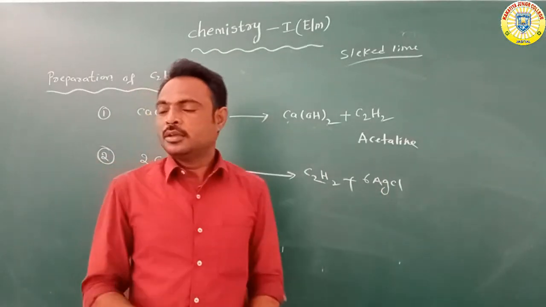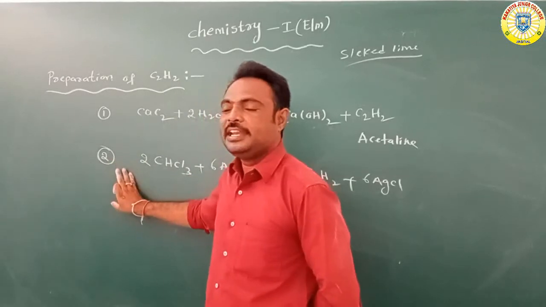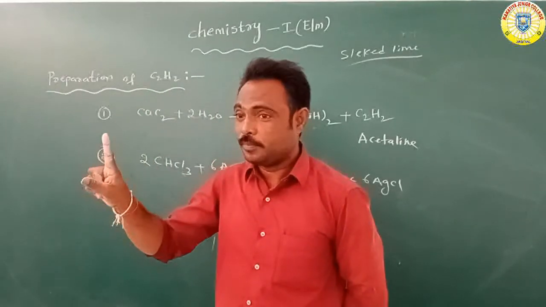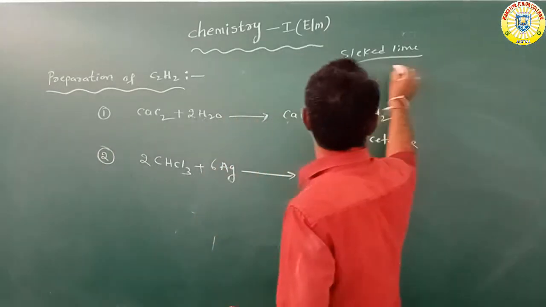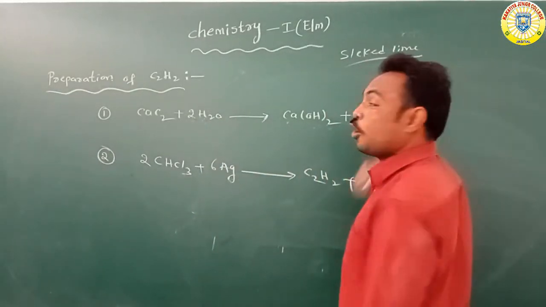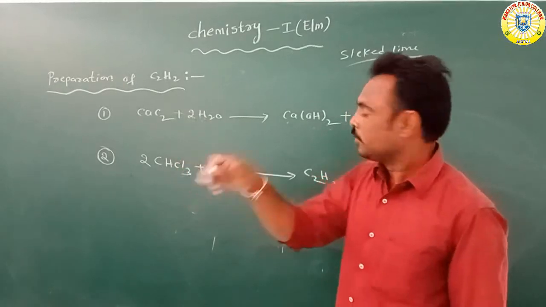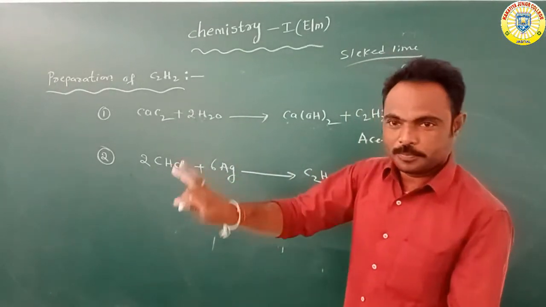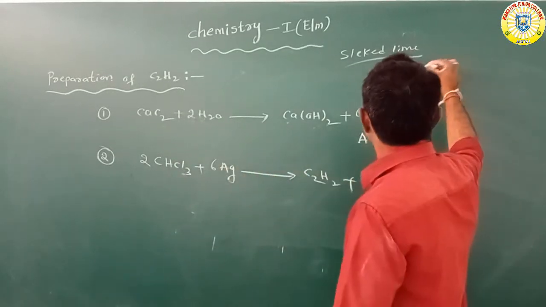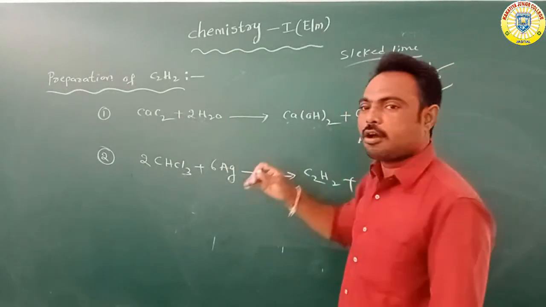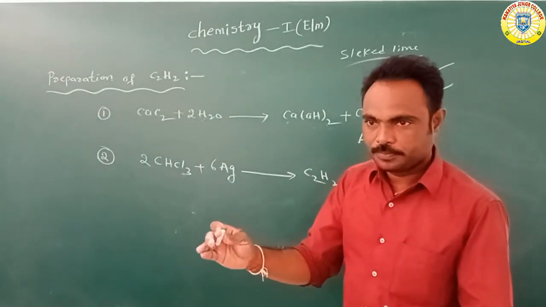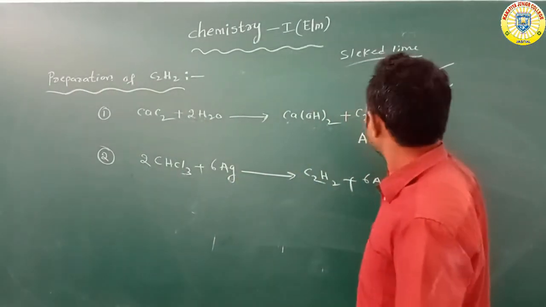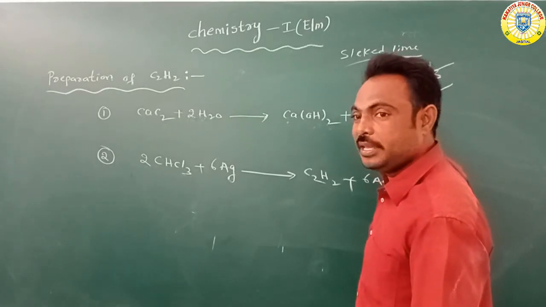Listen. So acetylene is prepared from haloform, just like CHCl3 chloroform, haloform. CHI3 iodoform, haloform. Okay, so CHCl3 means chloroform, CHI3 means iodoform.